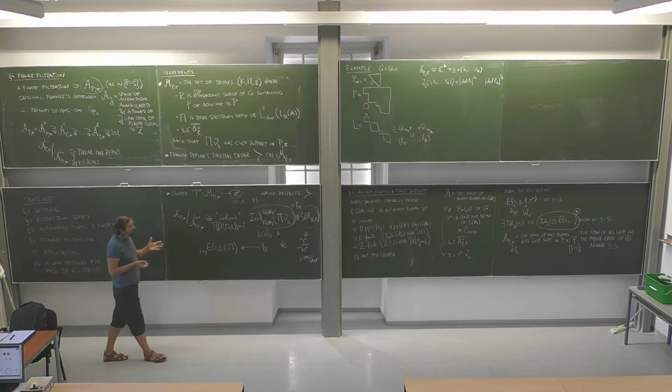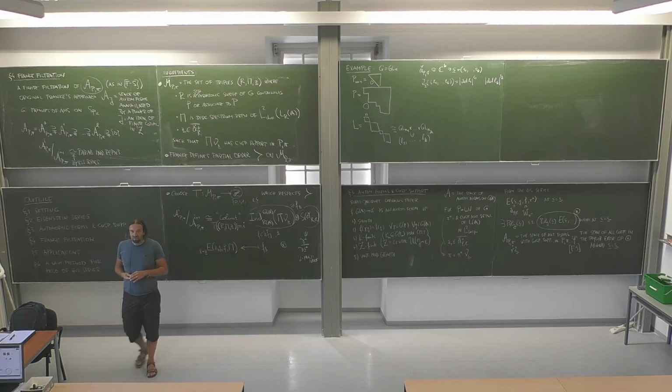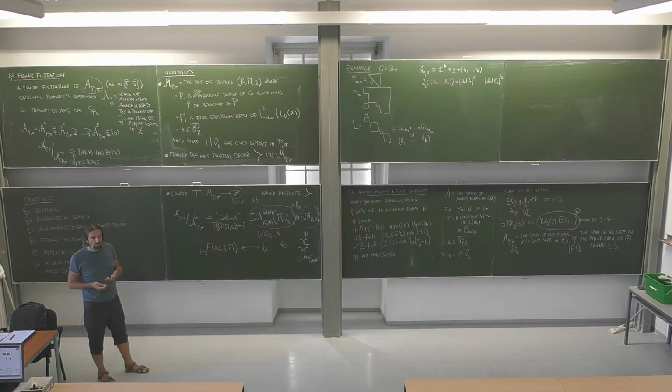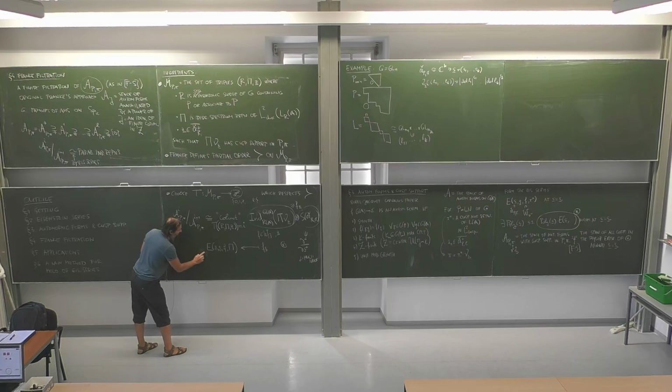So this works if the Eisenstein series is holomorphic. But if the Eisenstein series has a pole, then, sorry, I forgot something here. It is not sufficient to look only at the Eisenstein series to get all automorphic forms. We need also to take derivatives and then evaluate at s underline. Okay?